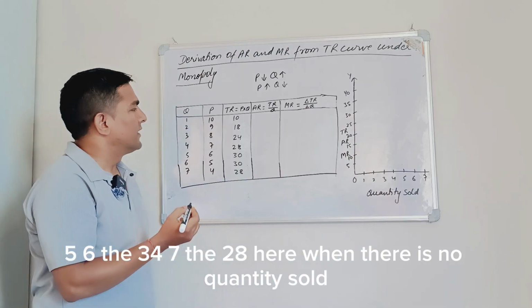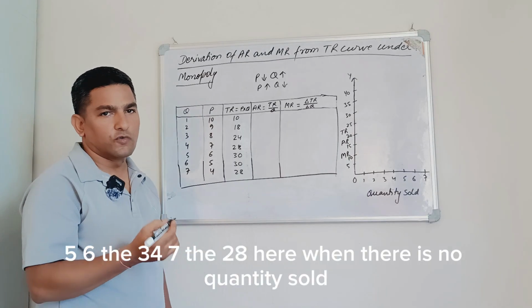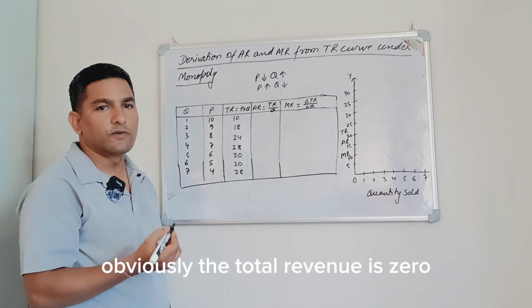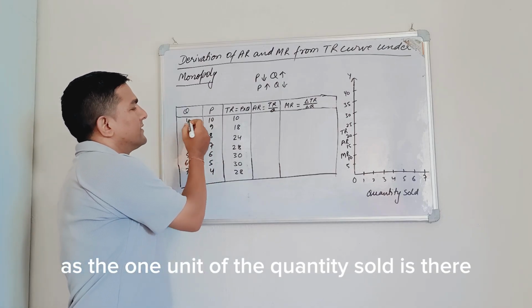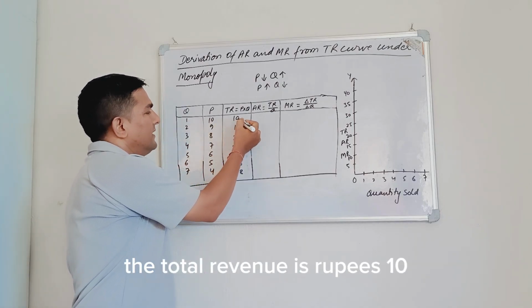Here, when there is no quantity sold, obviously the total revenue is 0. As 1 unit of the quantity is sold, the total revenue is rupees 10.